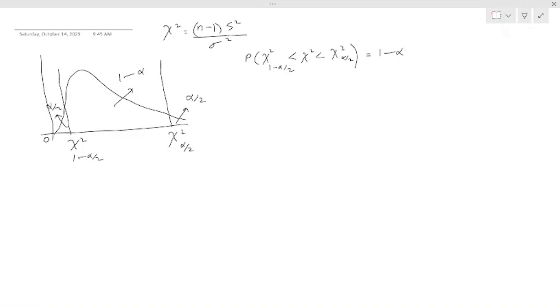So starting from the chi-square 1 minus alpha by 2 borderline and ending at the chi-square alpha by 2 borderline, the probability or coverage is 1 minus alpha. Now, same as before, we only take this part and we will substitute the chi-square value in the center.